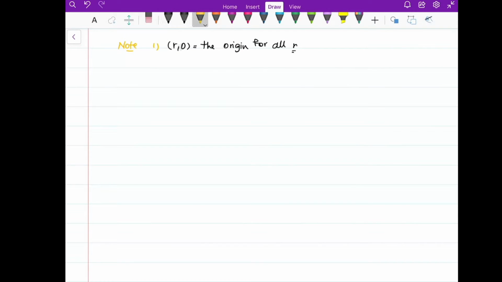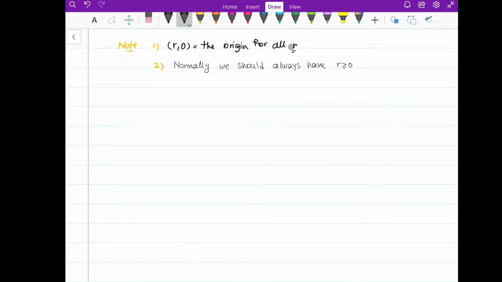And 2 is that we normally should always have r greater than or equal to 0. Because of what? Because r is the distance from the point to the origin, so r should be positive.